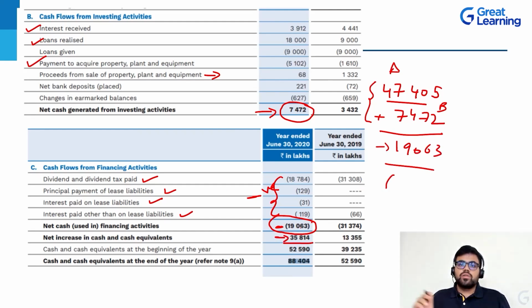35,814. Now what happens in this case is that there is a cash and cash equivalent at the beginning of every year. That is basically the end of the previous year's cash flow statement's last entry. As you can see here, for the year ended in 2019, you had a cash equivalent of 52,590 lakh rupees.